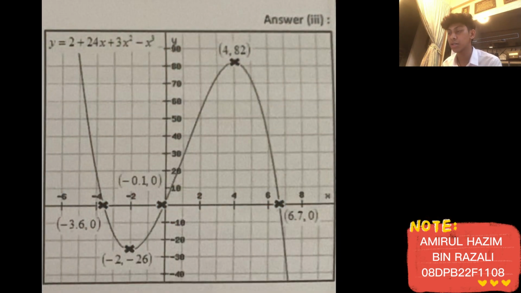So this is the graph. It has two turning points: negative 2, negative 26 is the minimum one, and 4, 82 is the maximum one. So we just apply the two turning points and draw the graph. This is what we got for question 3. That's all for me. Thank you.